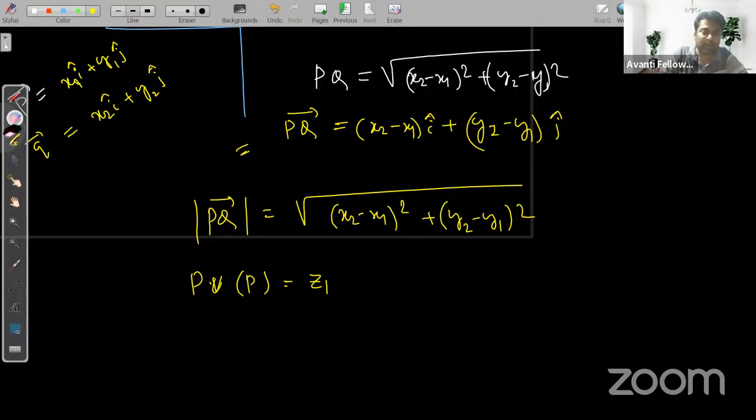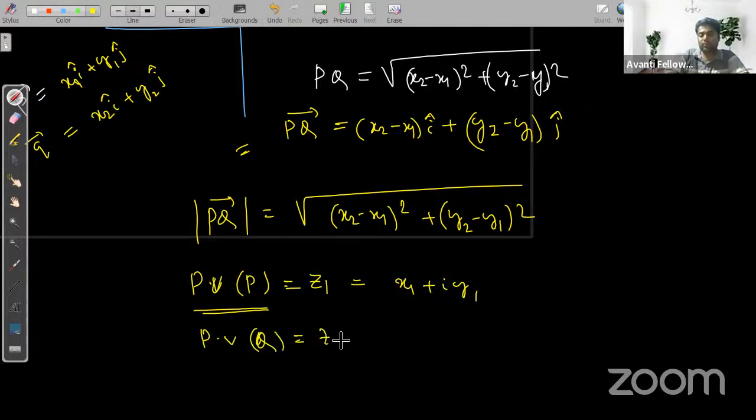We can now represent the position vector of point P as a complex number. That is, we can represent it as x1 plus i y1. And similarly, we can represent the position vector of point Q, that is Z2, which is equal to x2 plus i y2. Yes or no?